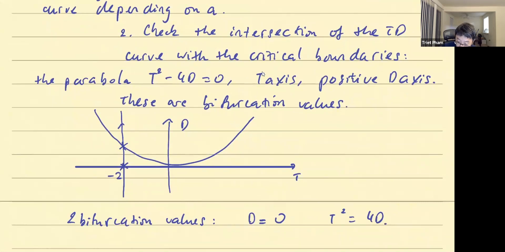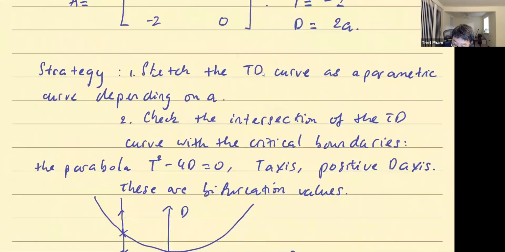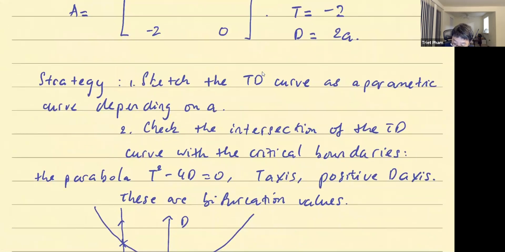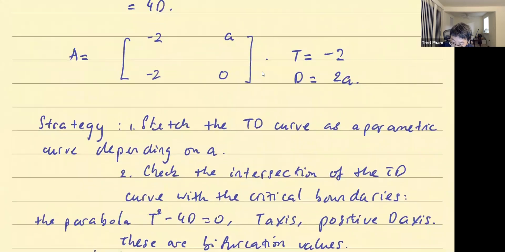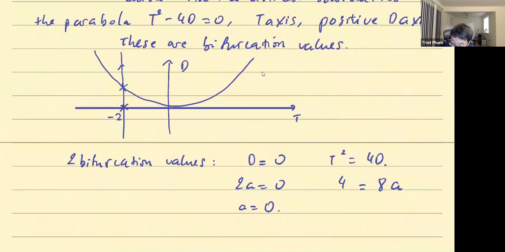But you need to solve it in terms of A. The first one is 2A equal to 0, or A equal to 0, is the critical value. The second one is t squared equals 4d, so 4d is 8A and t squared is 4. So A is equal to 1/2. So these are your bifurcation values. Any question?